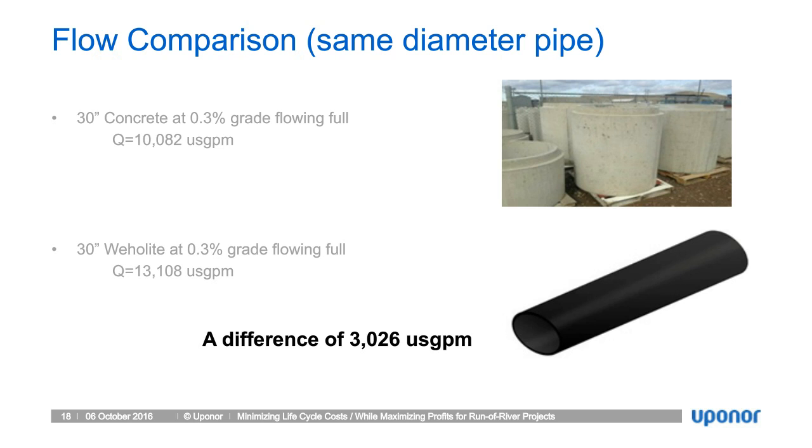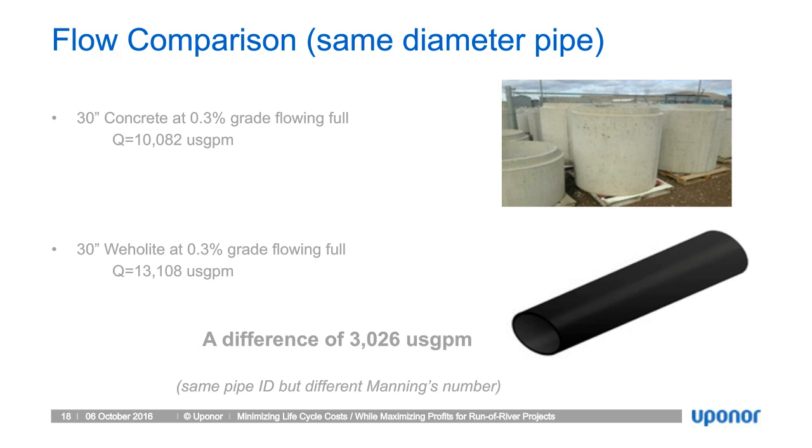And that is, again, because of the lower coefficient of friction between the water and the pipe surface. So if we're looking at a certain size, we can push through a higher volume of water, which again translates to more power output.